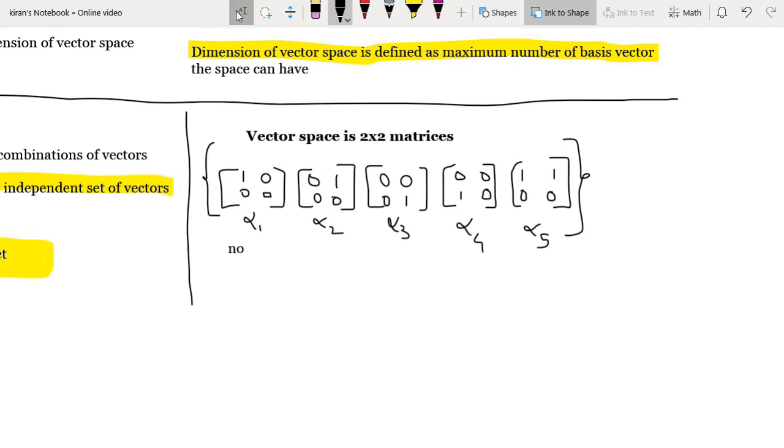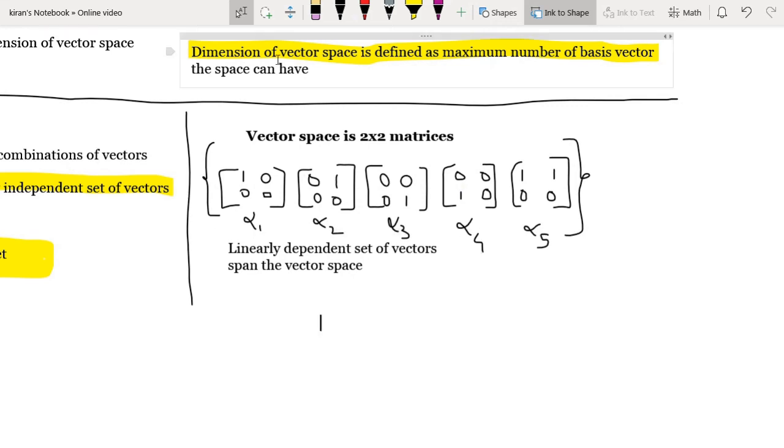So these are not linearly independent, a linearly dependent set of vectors. But this set will span the entire vector space.